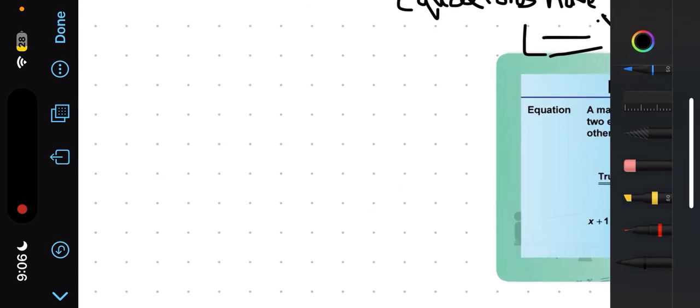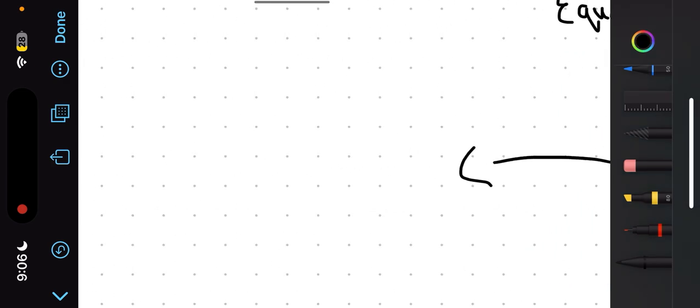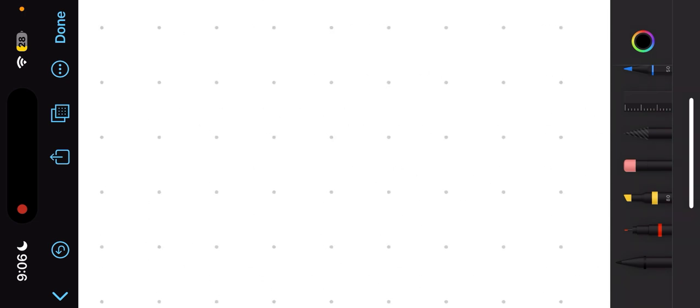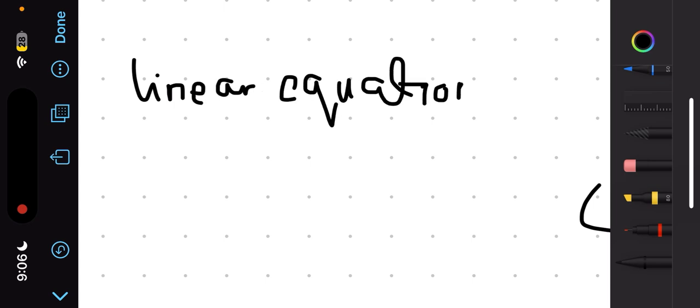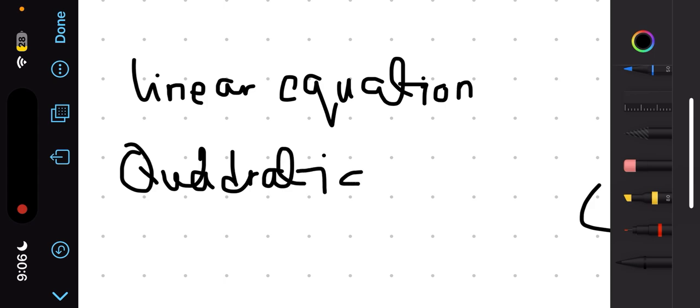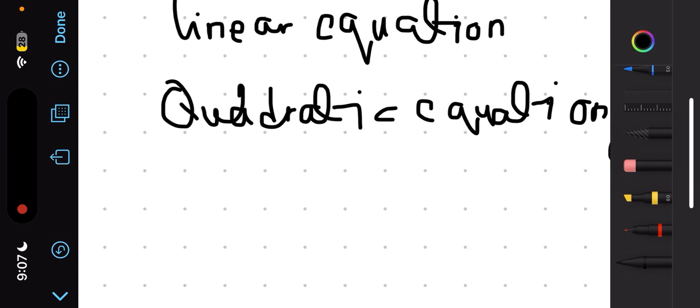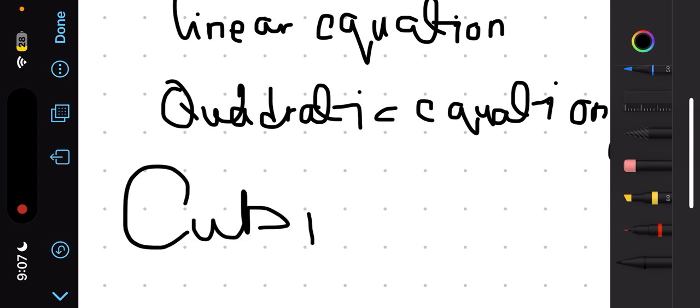So in O levels we have, till now, only 3 equation types mentioned, which are linear equation, quadratic equation, and one more, cubic equation.